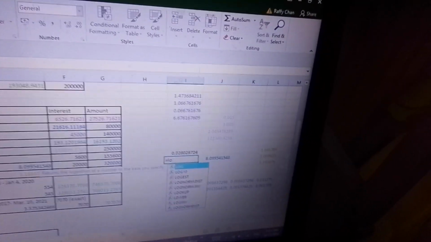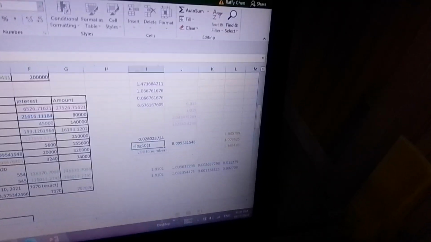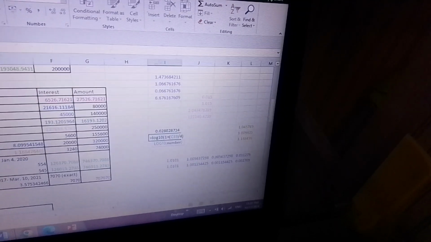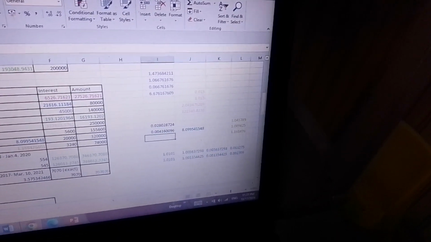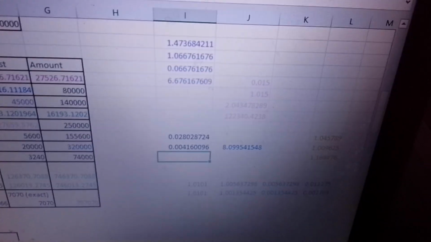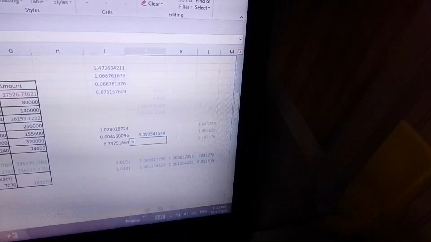Tapos, log 10 of 1 plus the entire thing. 0.385 divided by 4. Diba? And you're supposed to come up with an answer. And then this one, divide by this one to give you this. And then this one.